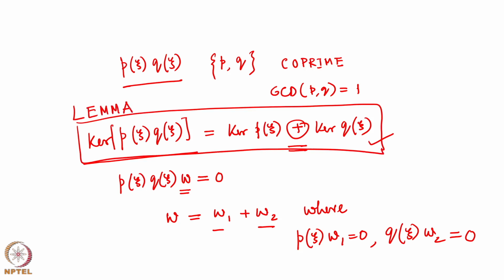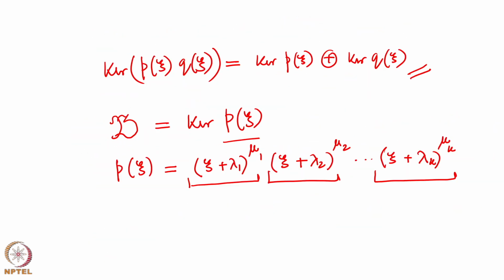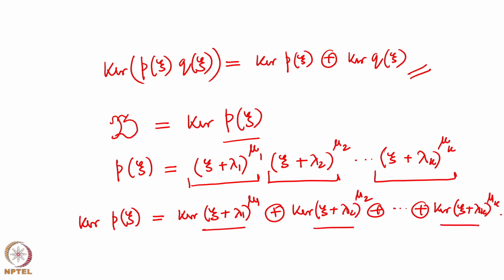I apply this lemma repeatedly to obtain that when I have a product like this, the kernel of this product is equal to the direct sum of the kernel of (ξ+λ1)^μ1, direct sum the kernel of (ξ+λ2)^μ2, and so on, direct sum the kernel of (ξ+λk)^μk. Lovely, right? So now look at these structures, they all look similar.